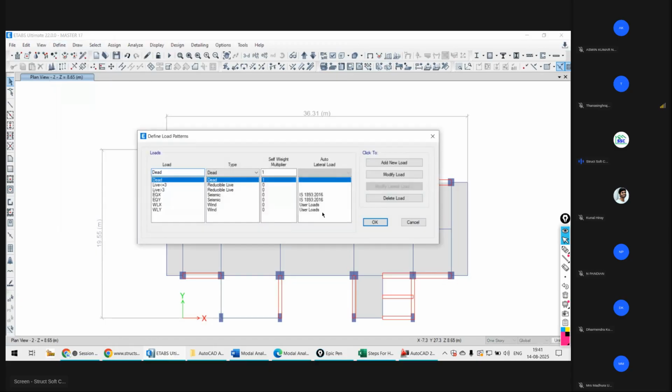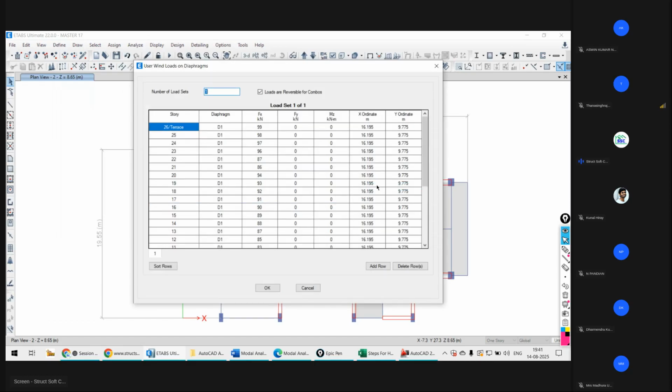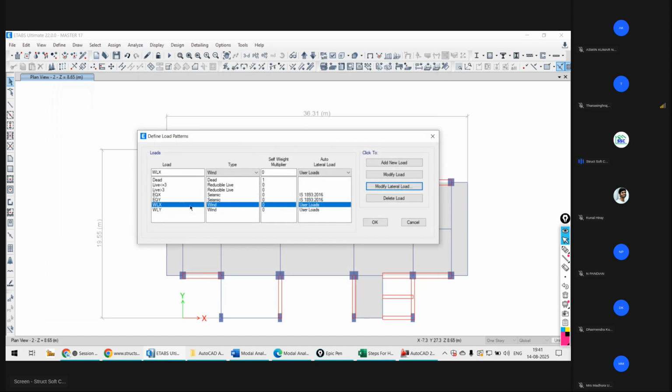So basically you have to change the load type of the wind from the ETABS templates to a user defined load pattern. After doing the calculation in your spreadsheets, you have to put the values here in your software. For the x direction and the y direction, how to do the calculation and how to put it in your software, we discussed in detail in our previous session, right?